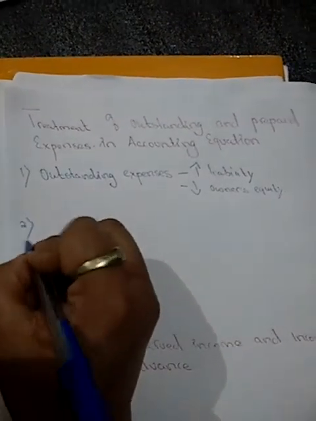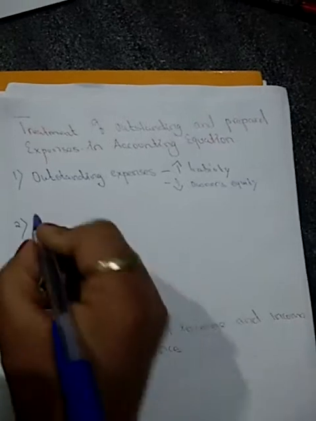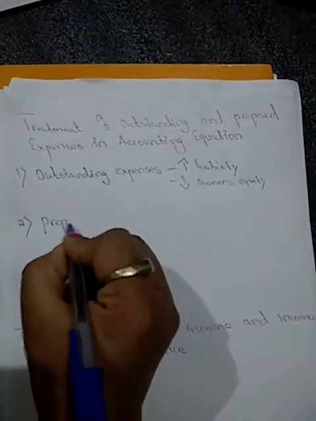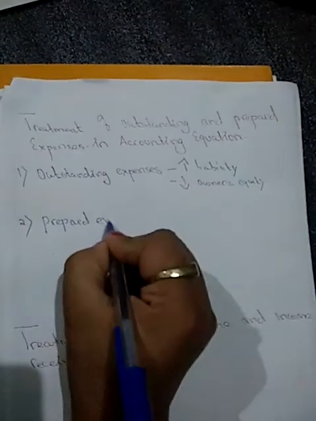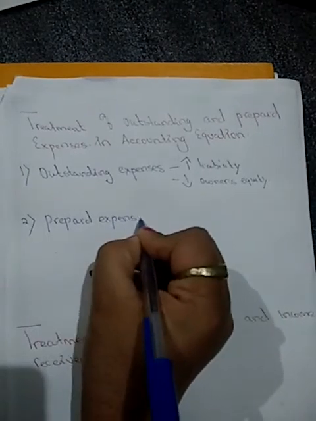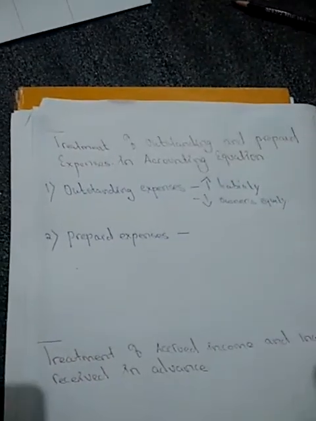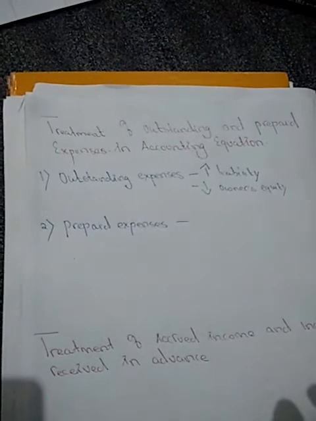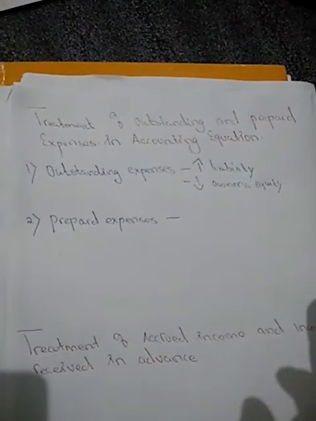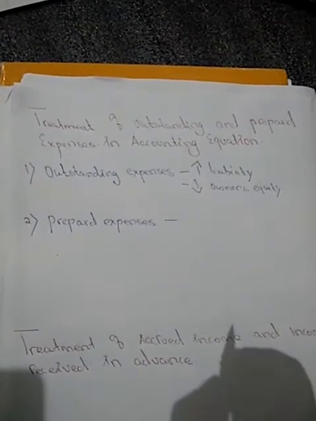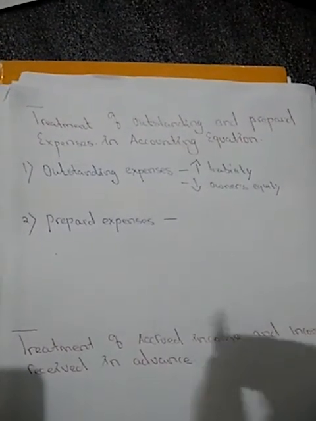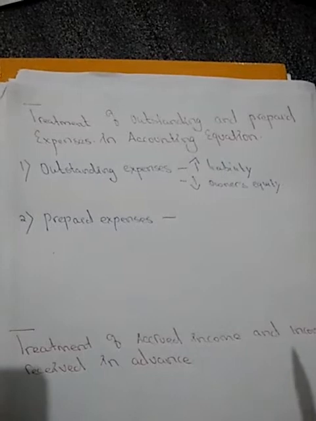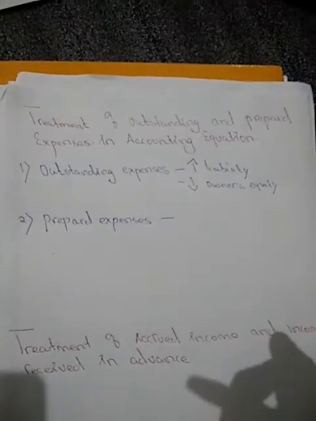Now the second one, we'll talk about the prepaid expenses. So what is prepaid expenses? Prepaid expenses are those expenses which are paid in advance. For an example, this month you pay rent for another month. Let's say you are paying rent for 3 months this month.